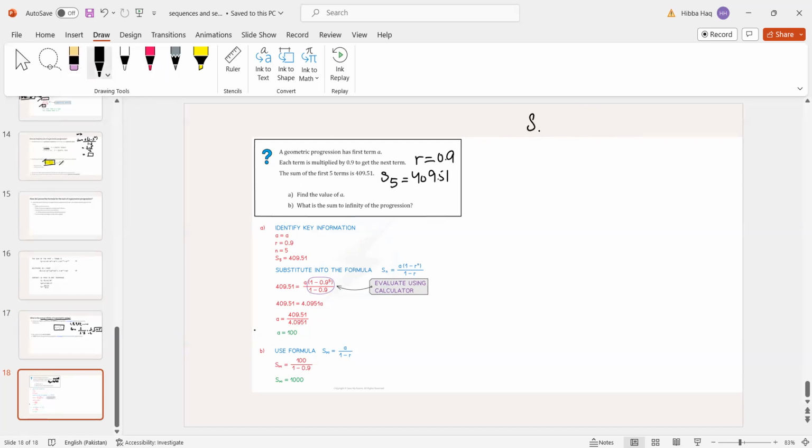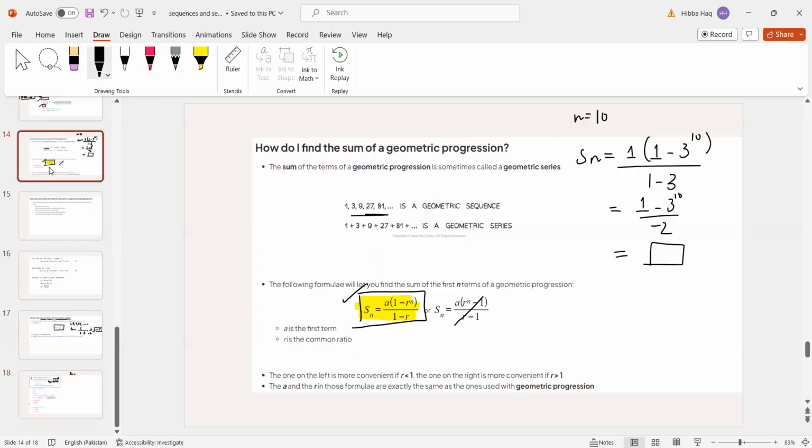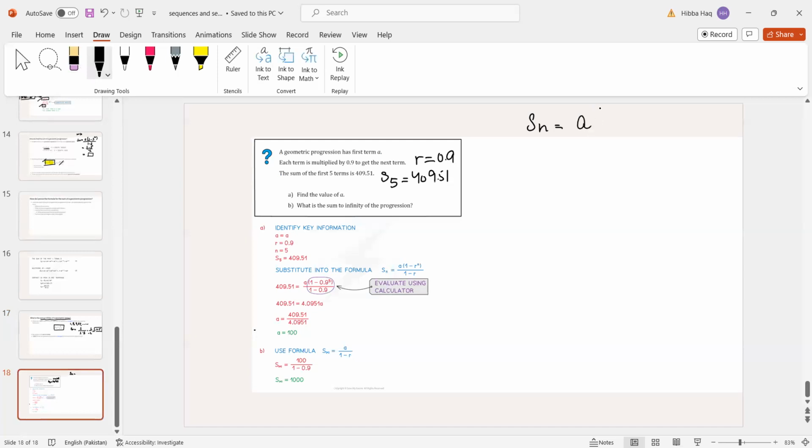That is Sn equals A times 1 minus R raised to the power of n, divided by 1 minus R. The sum of 5 terms is equal to A, which remains A, R is given to you as 0.9, and n is given to you as 5 because we have to talk about the 5 terms.